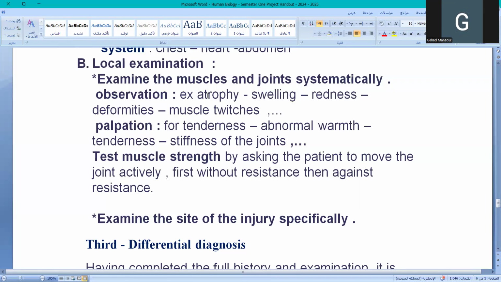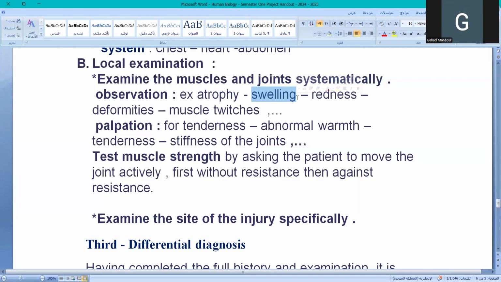In observation, you just observe with your eyes, you don't touch the patient. You might notice that there is diminished size of the muscle, atrophy, or increased muscle bulk, hypertrophy. And of course, the best way is to compare the two limbs, because sometimes the lesion is unilateral on one side.